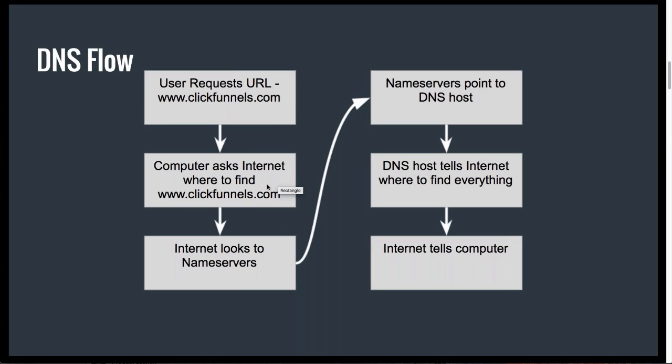Your browser would then ask the internet where to find ClickFunnels.com. The internet looks to the name server records. The name server records point to the DNS host, and the DNS host tells the internet where those IP addresses are located. This is actually a very basic explanation. There's a lot more to it than this.